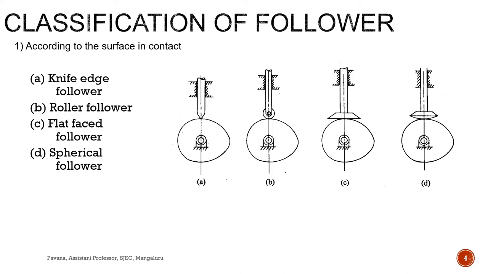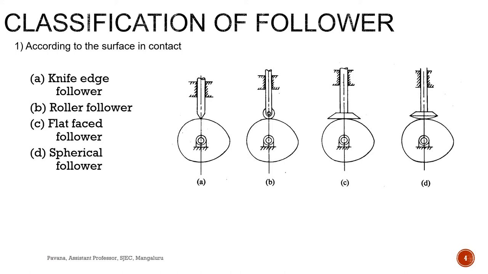Very little wear takes place in a roller follower. There is a side thrust present between follower and the guide. Roller followers are commonly used where more space is available, like in stationary gas or oil engines and aircraft engines.